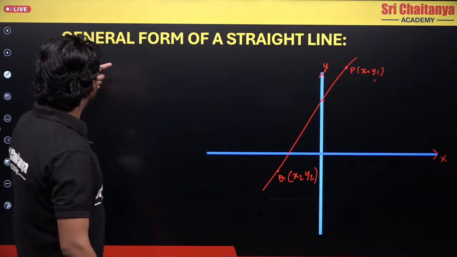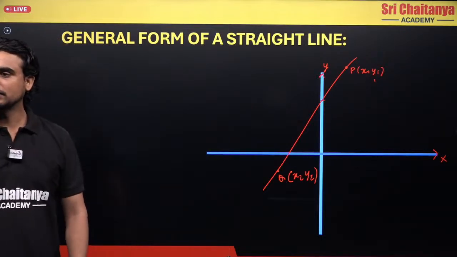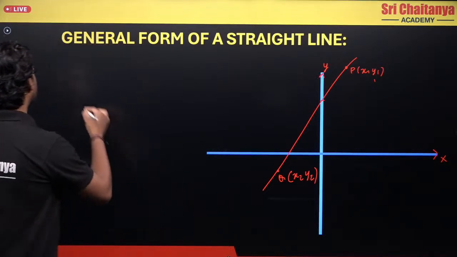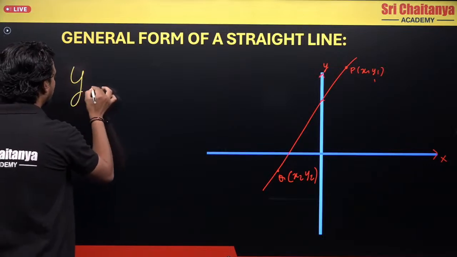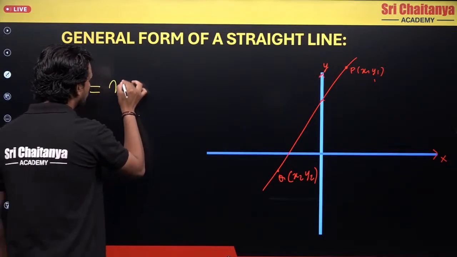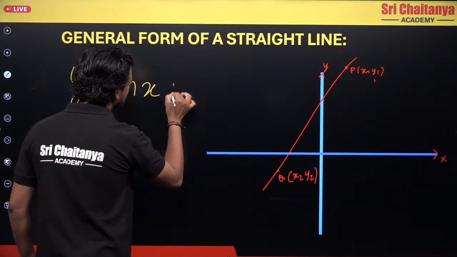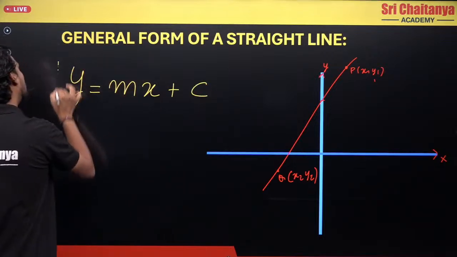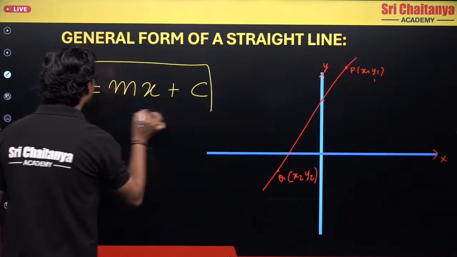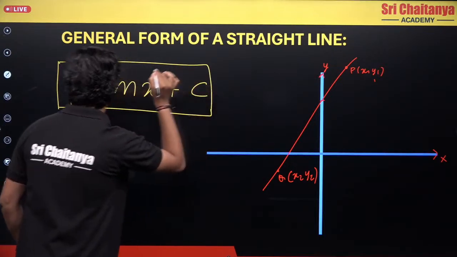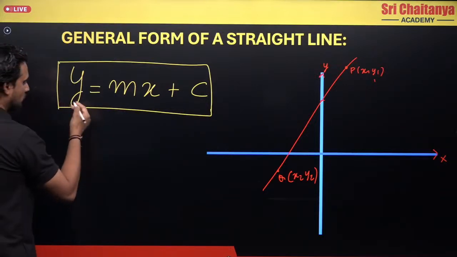Now, the general form of a straight line. Let's first write the general form of the straight line. What is the general form? y is equal to mx plus c. Okay, y is equal to mx plus c. So first of all, what is y?